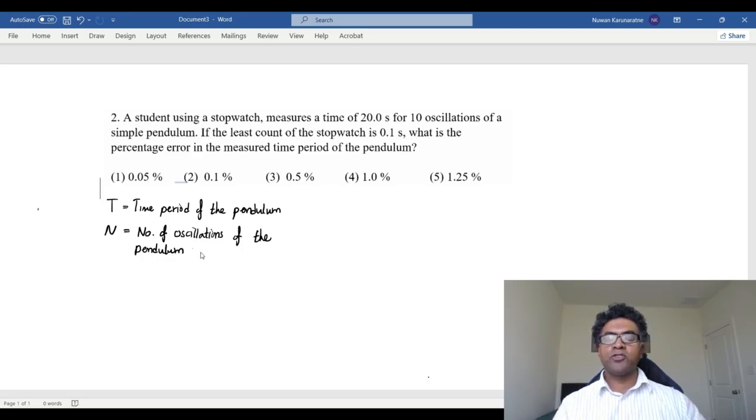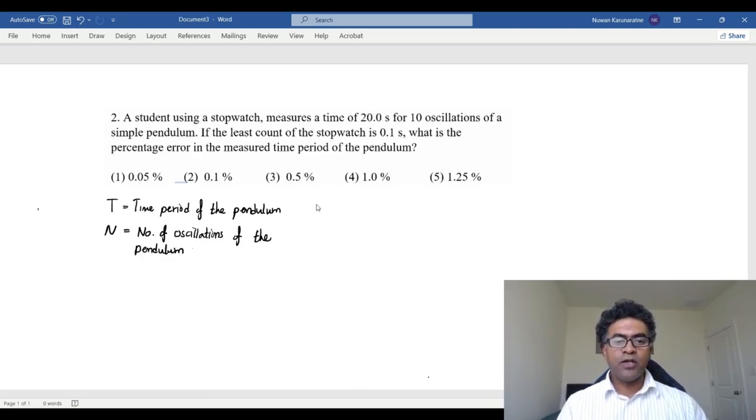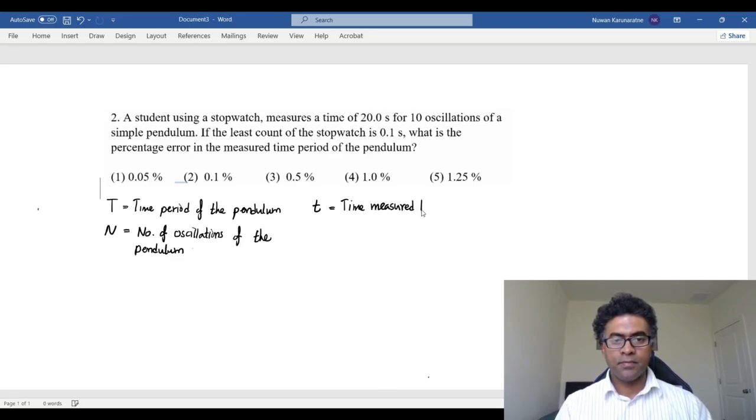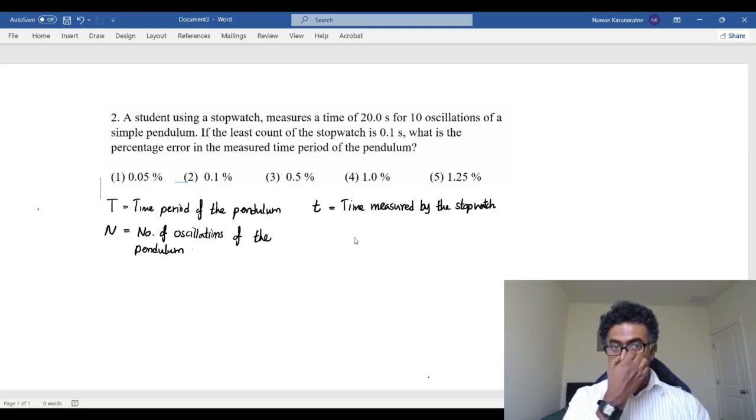And now let's look at the stopwatch. Let's define lowercase t, or simple t, as the time measured by the stopwatch. And then we have the least count of the stopwatch. This is what we call the error of that time, the stopwatch.